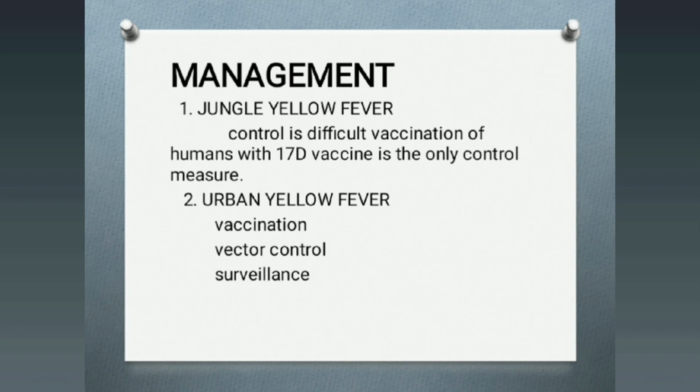Vector control aims to reduce the vector population rapidly by stopping transmission quickly. Surveillance is a program of clinical, serological, histological and entomological monitoring.